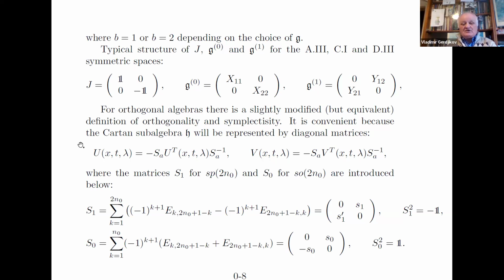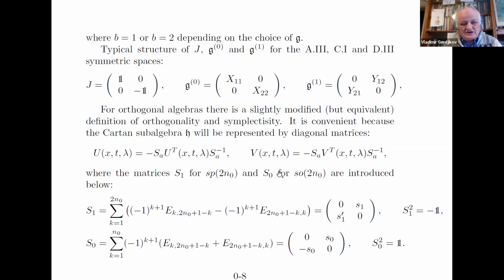Below, we will mention at some points orthogonal and symplectic algebras. And since we want our Cartan subalgebras to be diagonal matrices, we will use a slightly different but equivalent definition for the orthogonal and for the symplectic matrices.